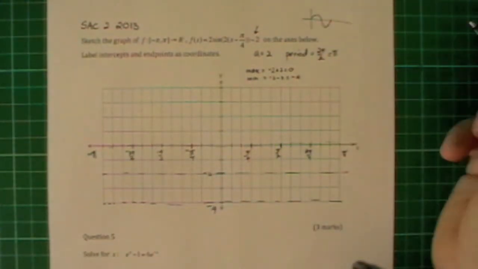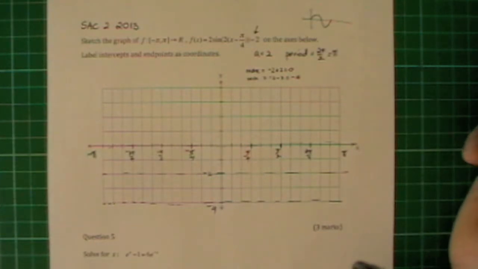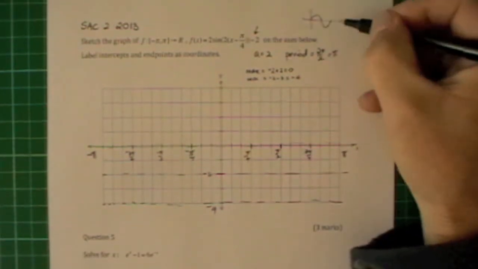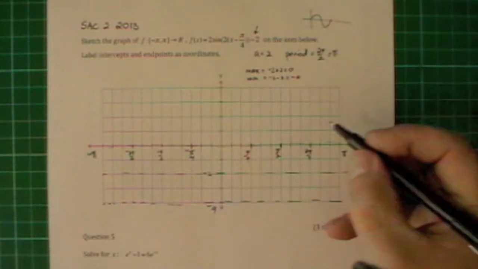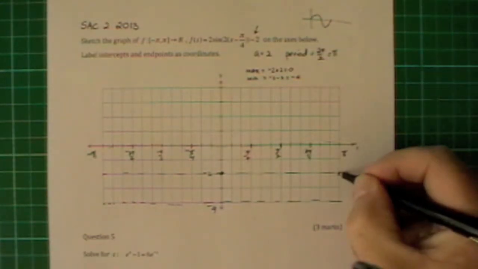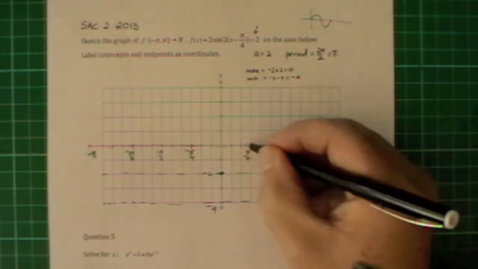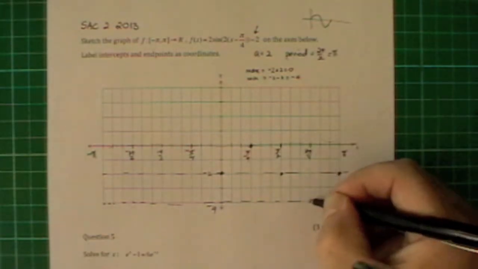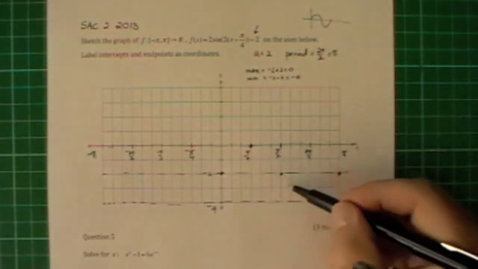So we can start putting in our key points, the key points that we get from our sine graph. The first key point is going to be here, and the end point, our middle point, our maximum, and our minimum. So you can see our basic sine shape there.